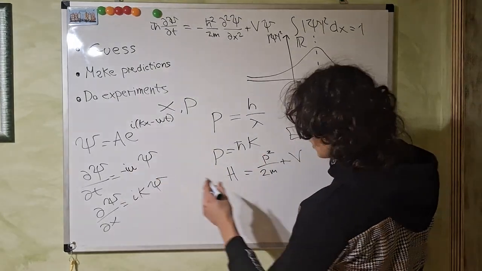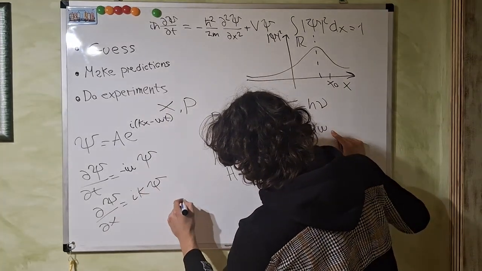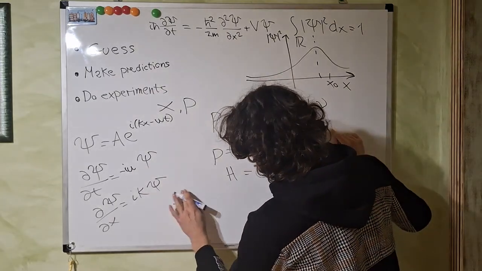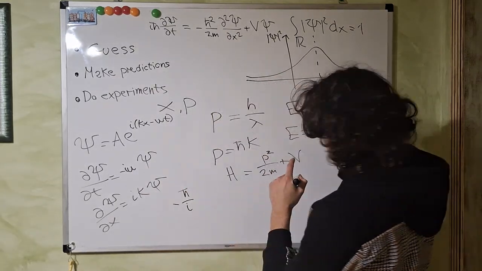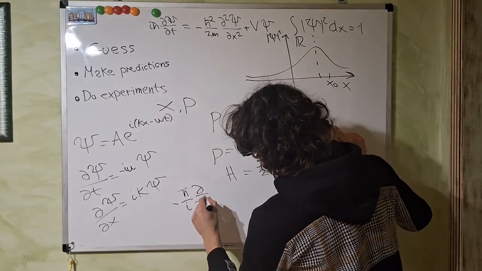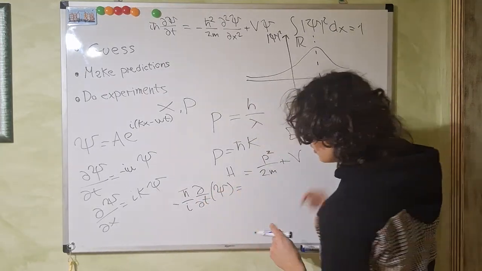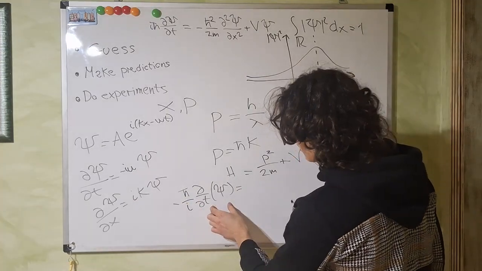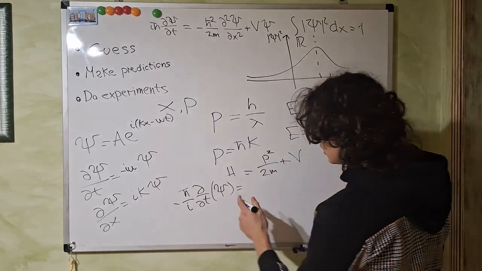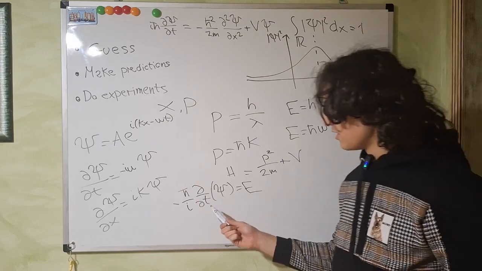So if we multiply by minus 1 over i, and then we multiply by h bar, and we take this derivative with respect to time of our wave function, we found that we get this when we take the derivative. But if we multiply by this factor, we basically get our energy, because we get h bar omega. So this is a way to recover the energy from our wave function.